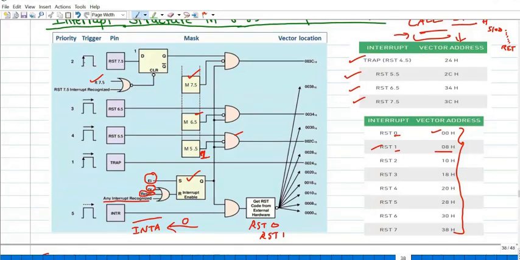RST 7.5 is edge triggered. So whenever a 0 to 1 transition occurs at this RST 7.5 pin, the processor understands the device requests the service. Trap is sensitive to both edge triggering as well as level triggering. So a 0 to 1 transition, that is positive edge triggering, and also the signal must stay high to enable this trap interrupt.